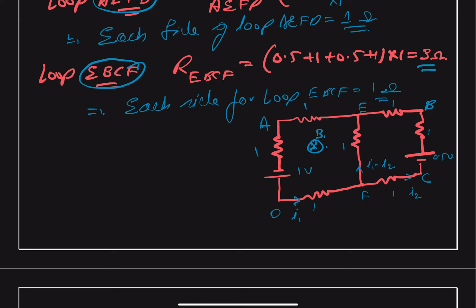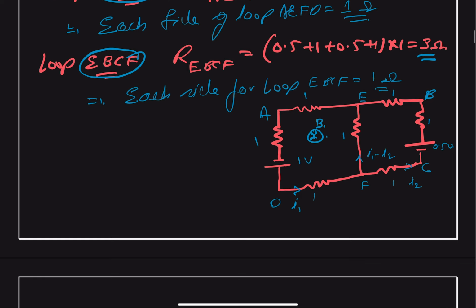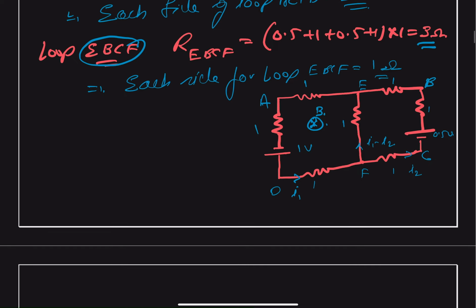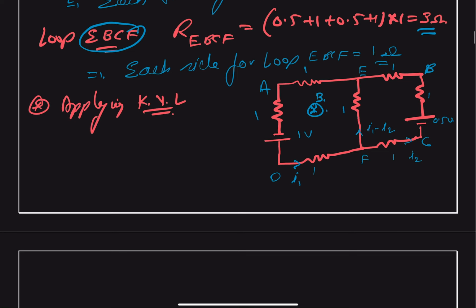So we have 2 loops. In these 2 loops we are going to use Kirchhoff voltage law, and find out the value of the current. Applying KVL, our first loop is AEFD.